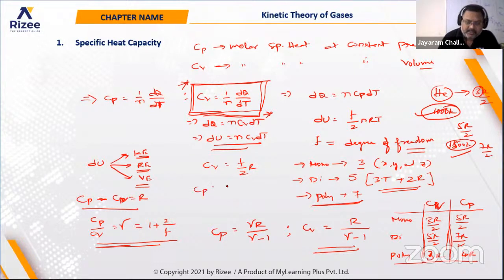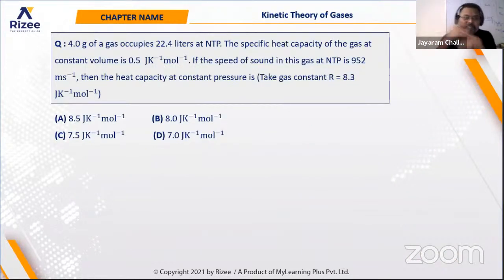In that sense, Cp can also be written as Cv plus R, from the relationship Cp minus Cv is equal to R, or you can write it as F by 2 R plus R. So depending upon the question that is asked, try to express Cv and Cp in those terms, please.